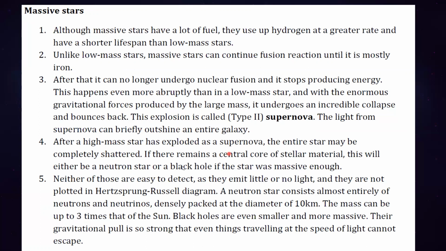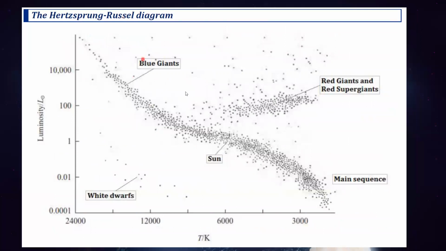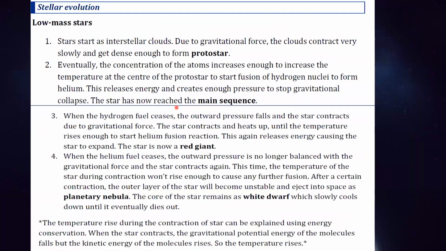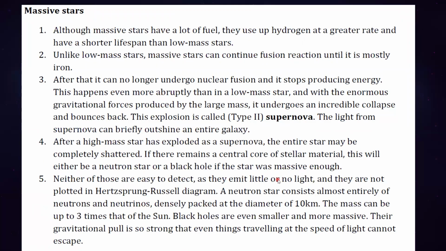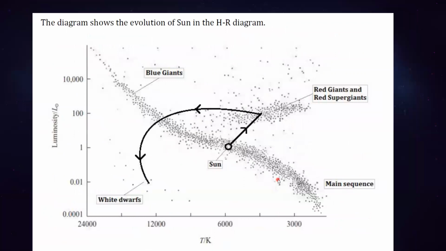So because we cannot represent black holes or neutron stars on this Hertzsprung-Russell diagram, the cycle of the massive star is not shown here. We can only show the cycle for the low mass star. Is it clear?